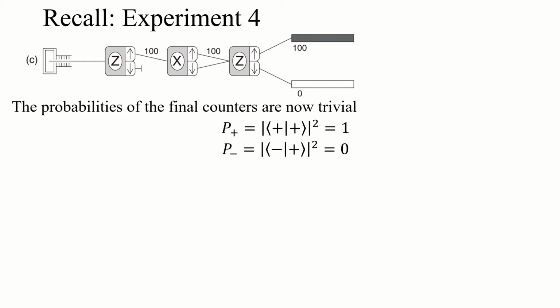We have up, up. The inner product of spin up and spin up is 1, because it's an orthonormal basis, and the inner product of spin down with spin up is 0. So we get the results that we see. 100% of our beam is measured as spin up, 0 is measured as spin down.